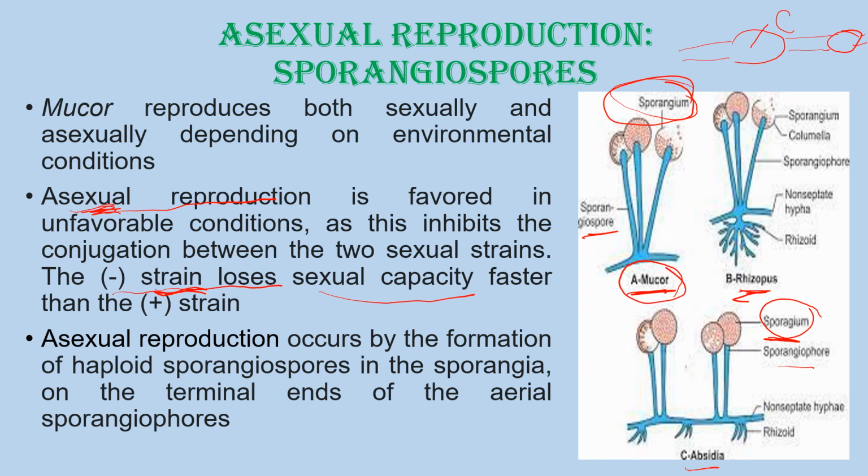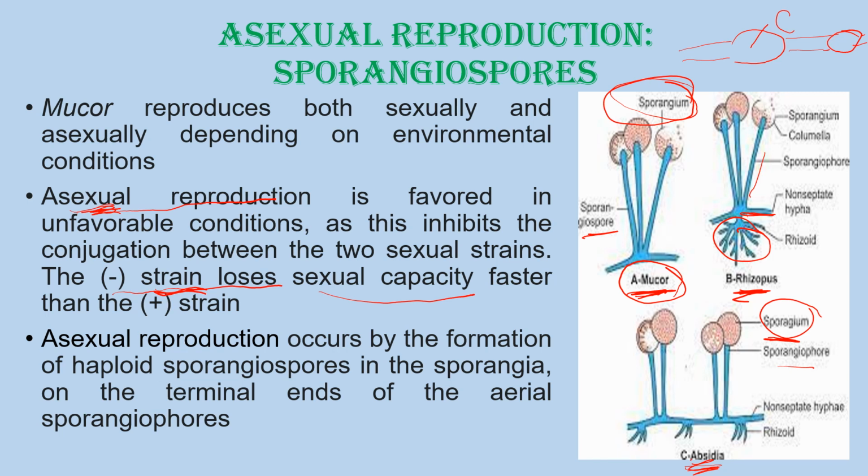In rhizopus and absidia, the mycelium or the vegetative body is divided into stolon, rhizoid, and the sporangiophore. But in case of mucor, this type of division into rhizoid or stolon doesn't occur.